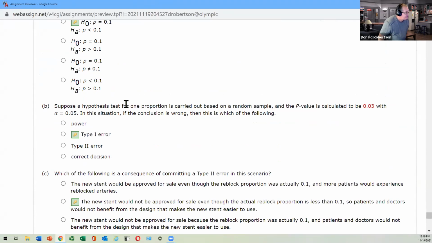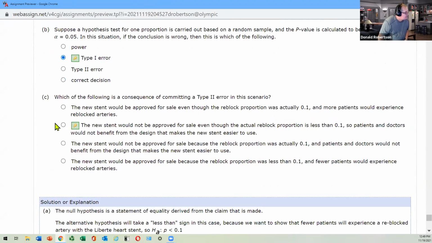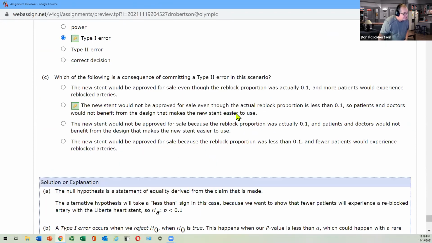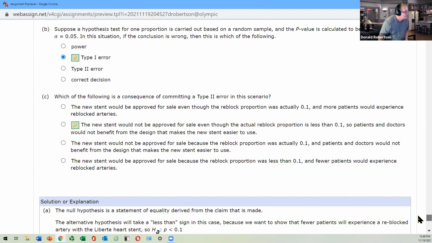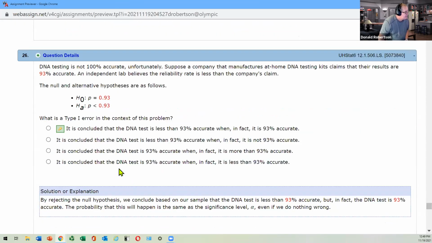Suppose the hypothesis test for one proportion is carried out based on a random sample and the p-value is calculated as this number. If the conclusion was wrong, wouldn't we call that a type 1 error? And there's some other ones. I wish I had more time. I apologize. The only good thing about these is there are 4 choices and you get 5 answers. So you are going to get them correct eventually.